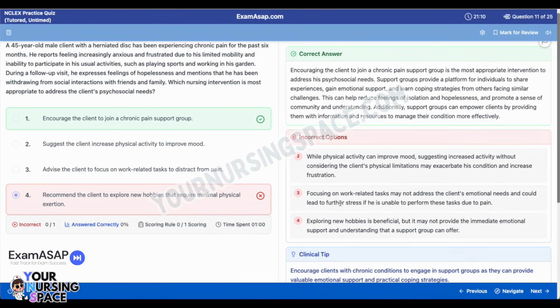Distractor rationales. B. While physical activity can improve mood, suggesting increased activity without considering the client's physical limitations may exacerbate his condition and increase frustration. C. Focusing on work-related tasks may not address the client's emotional needs and could lead to further stress if he is unable to perform these tasks due to pain.